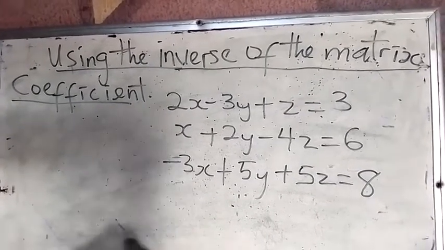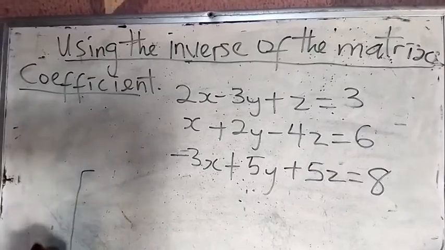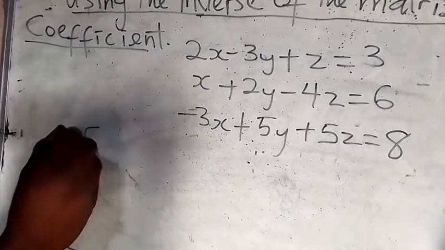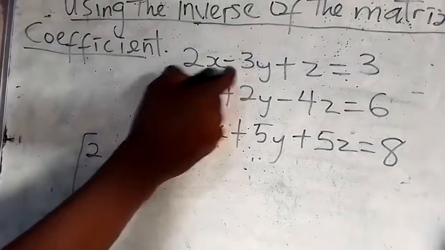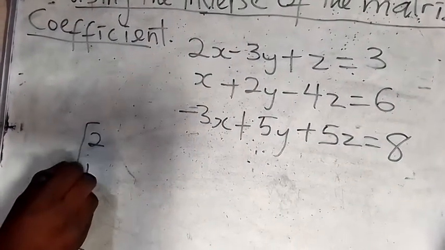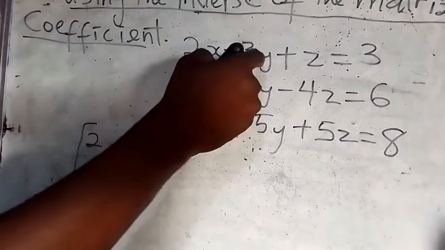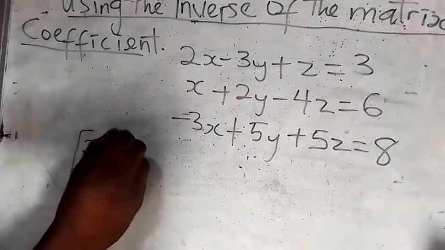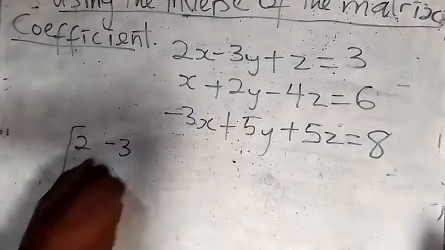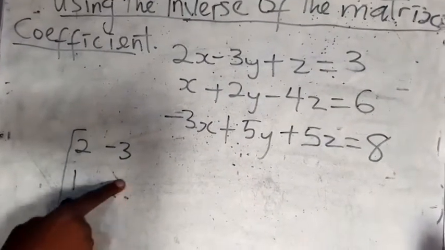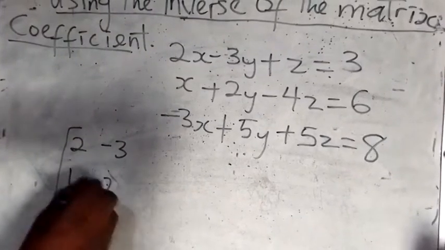So the same way you open your bracket, the coefficient of x is 2, coefficient of x here is 1, coefficient of x here is minus 3, coefficient of y here is minus 3, coefficient of y here is 2. You don't need to write plus, just put 2. Everybody knows that.